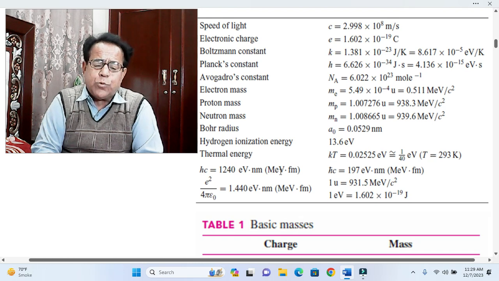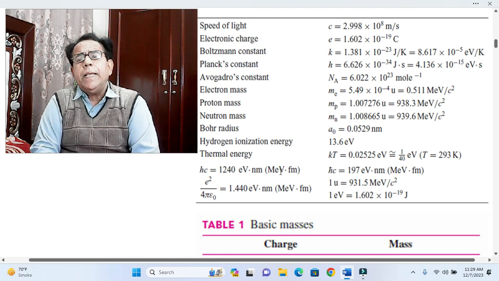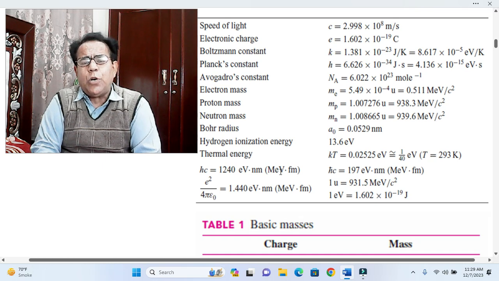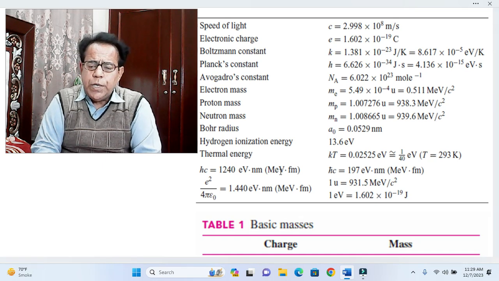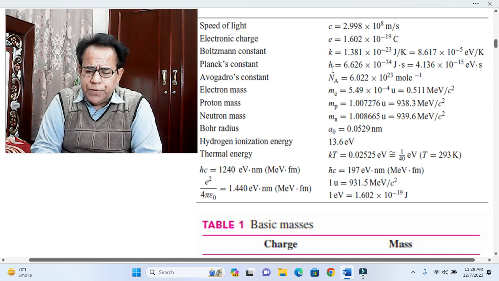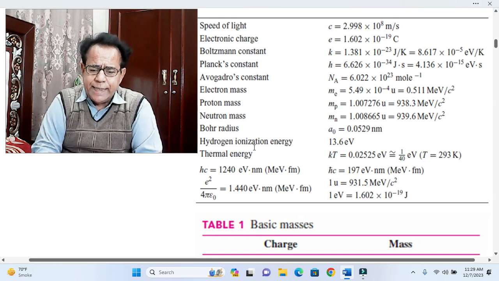Just as a formality, we will multiply the value of Planck's constant h with c and see whether this value becomes equal, or very close, to this value.